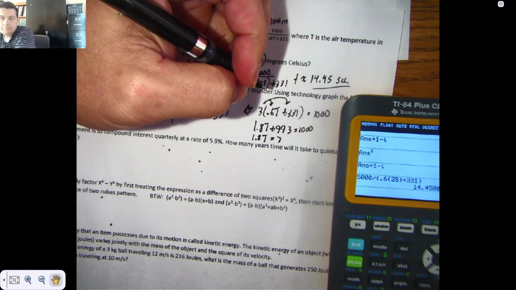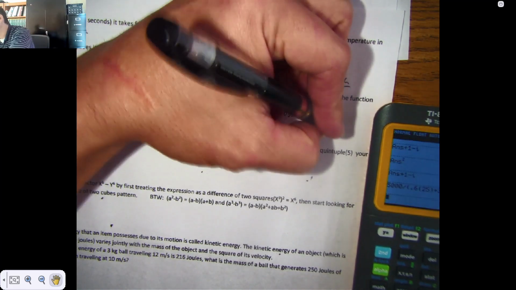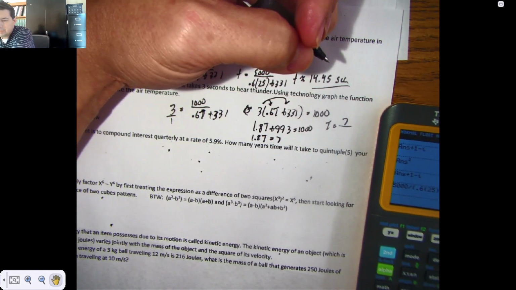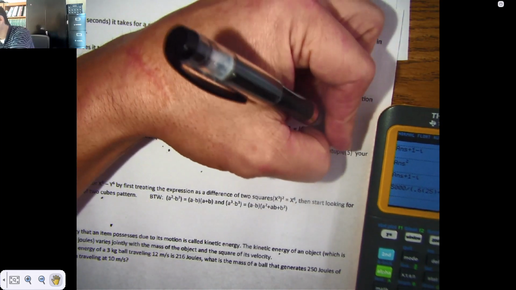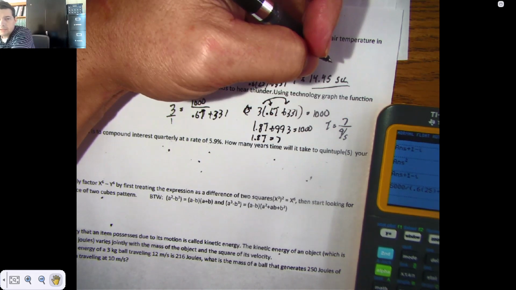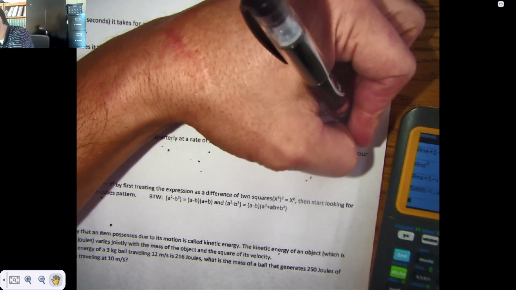And I'm going to divide by 1.8, which is 18 tenths. And 18 tenths, by the way, reduces down to 9/5. So I'm just going to divide out that 9/5, and then I multiply by the reciprocal, which is 5/9, and I get 35/9.